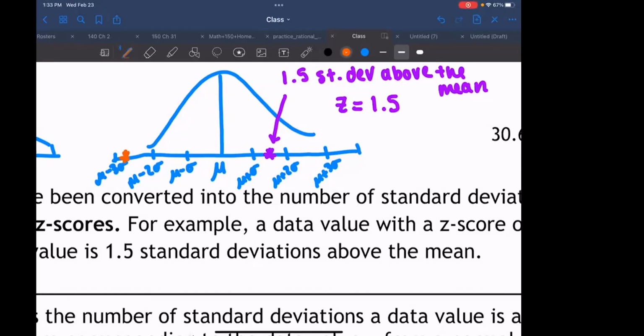Okay, so let me just write that. 2.8 standard deviations below. Anyone want to guess what z-score that would be? 2.8, but how can we show that it's below? Negative, right? So we're going to make the z-score negative to show that the x value is below the mean and not above the mean.